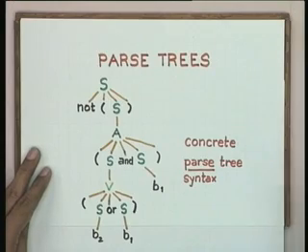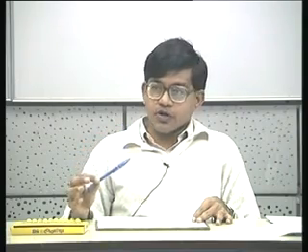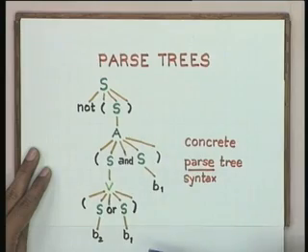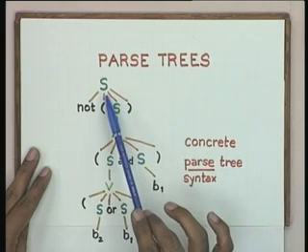So, this is the same sentence that we have generated, and what this tree tells us is what the dependencies are in the applications of the various productions. The root of a parse tree is always the start symbol.